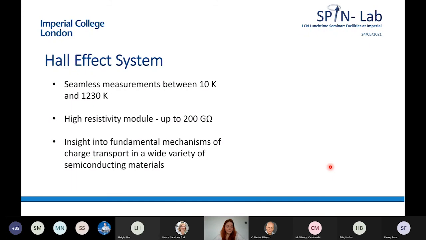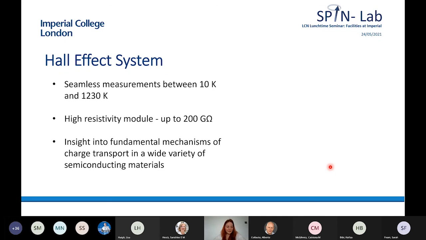With a variable temperature stage, which is to be installed, it will allow seamless measurements between 10K and 1230K. And it also has a high resistivity module which can measure up to 200 giga ohm resistance.